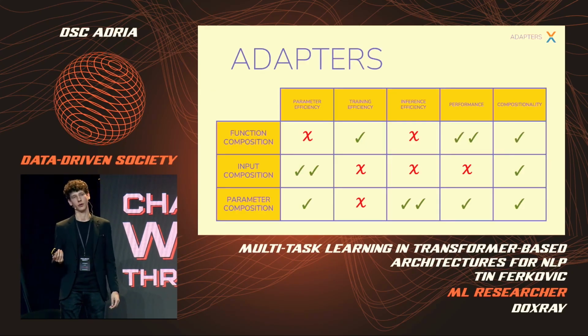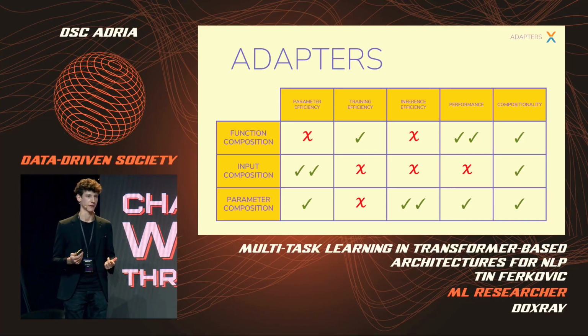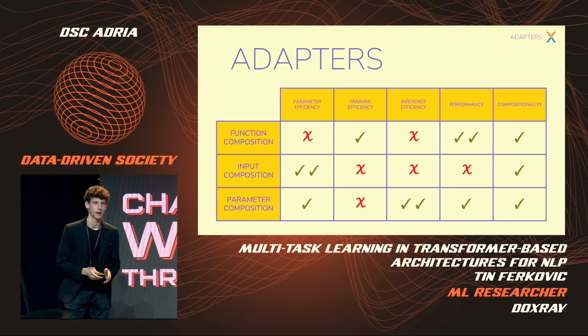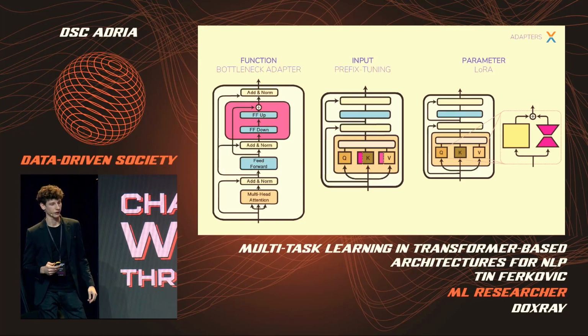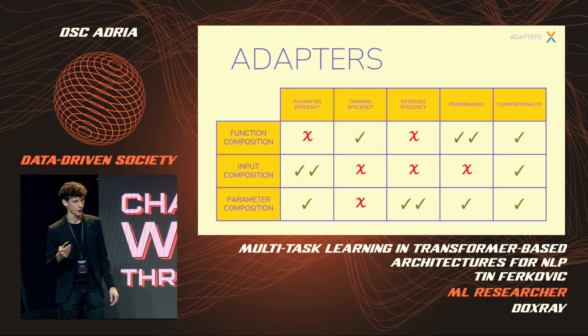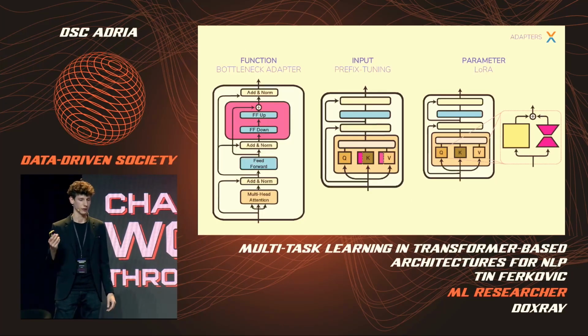Well, it depends on what you're looking for. If you're looking at the first column, which is parameter efficiency, which means, okay, I want as few parameters as possible, then the function composition, which is the leftmost, is not the best. I said the intrinsic dimension is approximately 250. Then you have parameter efficiency for parameter composition, that would be rightmost.